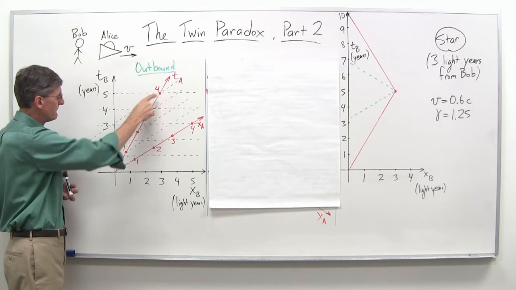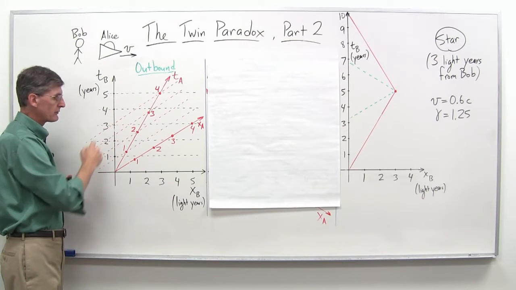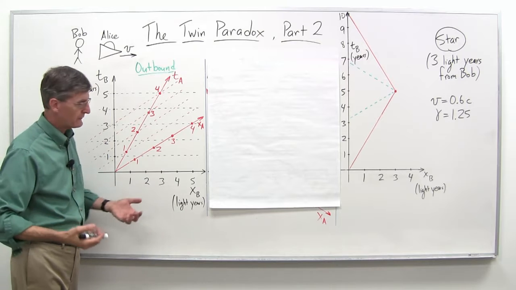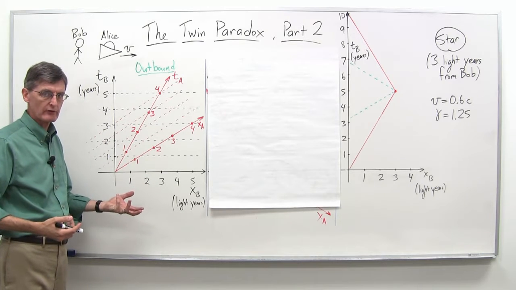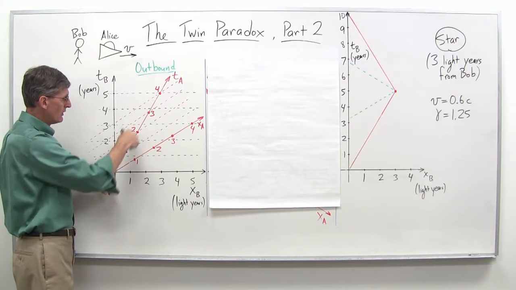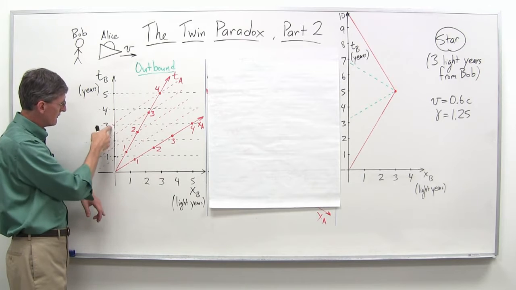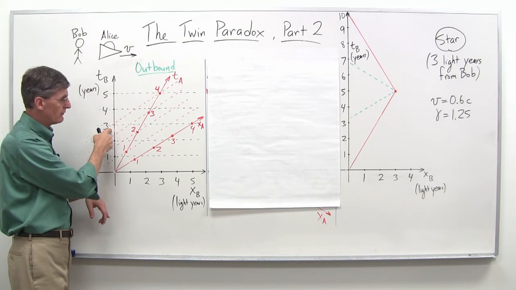So her clock is at 4 at that instant. In terms of the line of simultaneity, Bob's clock is at 3.2, say. So she sees Bob's clocks running slower than hers. In other words, as she travels along here, her clocks have run through 4 years of time, and she's observed Bob's clocks run through only about 3.2 years of time.